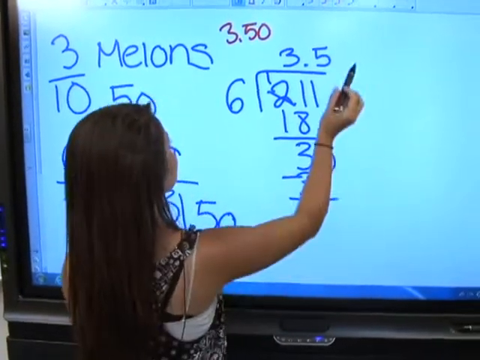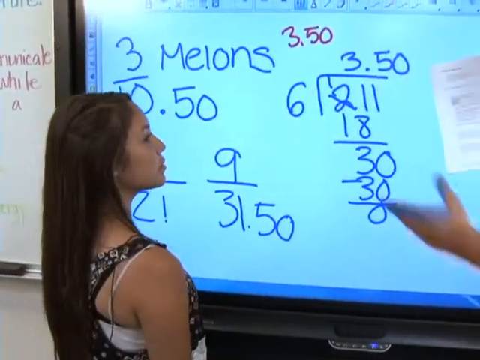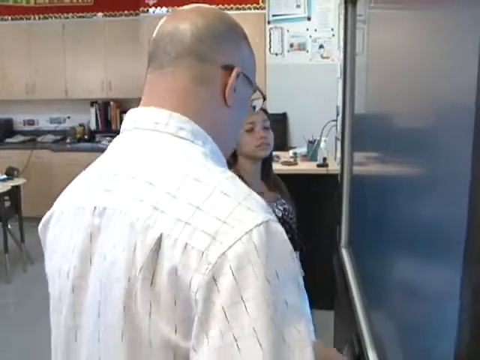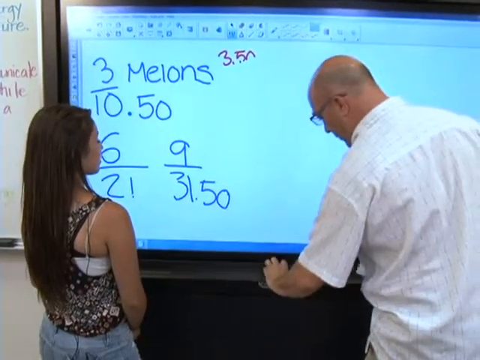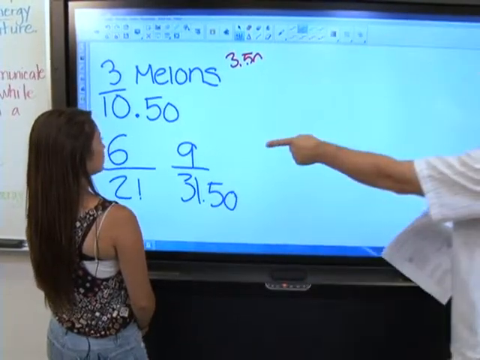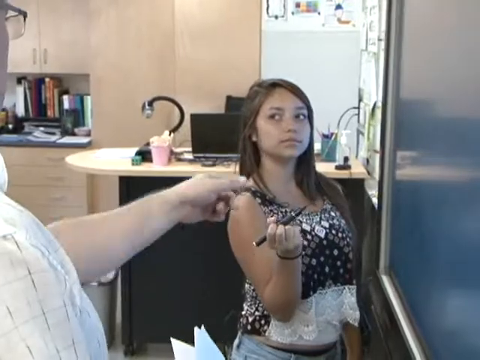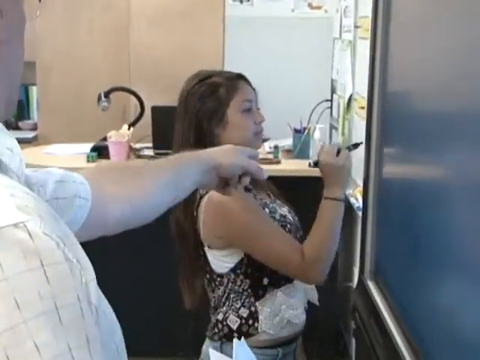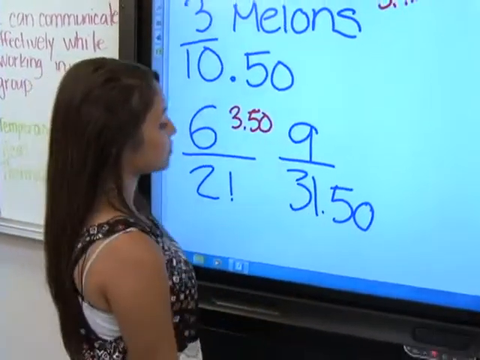So it's going to be 3.50. It'll be just another 0 at the end, right? So the rate is still going to be 3.50. Yes. All right. So let's go ahead. We'll get rid of this. All right. So let's go ahead and put up in red again. The rate for the 6 for 21 is 3.50 as well. So why don't you just go ahead and put it near that 6 for 21? And that way we'll keep track of it that way. We'll go back to your blue.